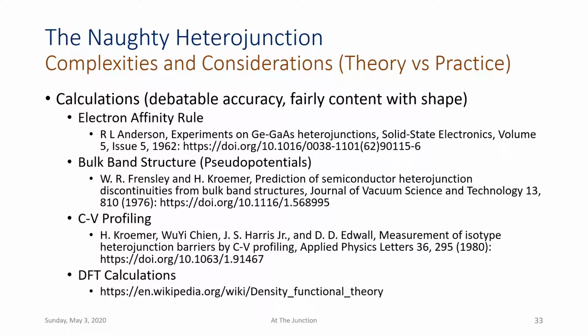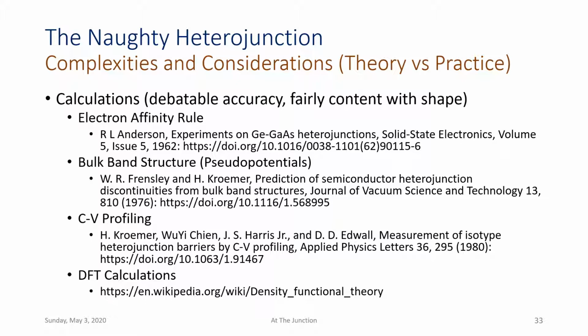Another method introduced by Kroemer et al. in 1980 was to make use of a numeric capacitance voltage profiling for the heterojunction to measure the band structure. And additionally, we have the density functional theory DFT calculations that could help form the structure of the heterojunction.